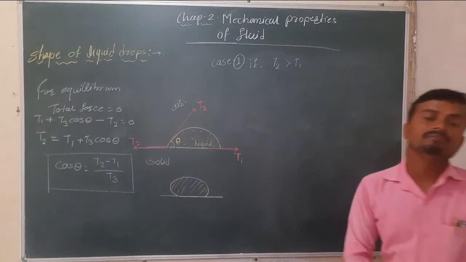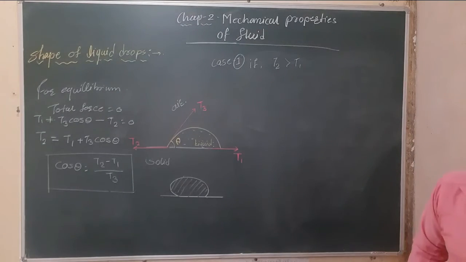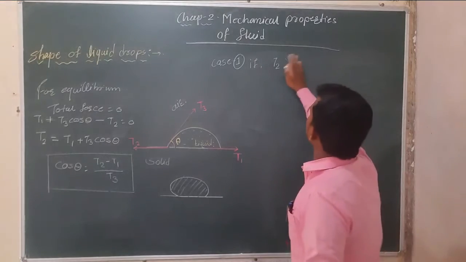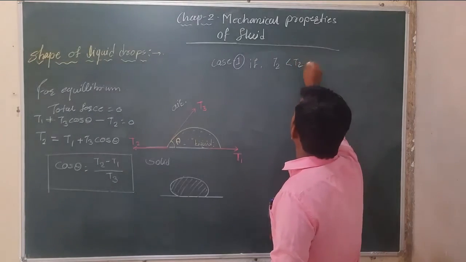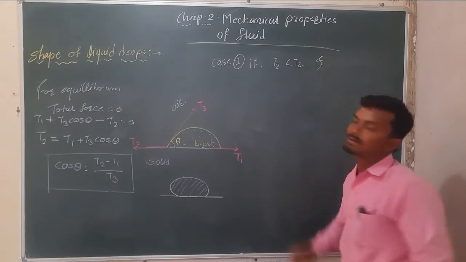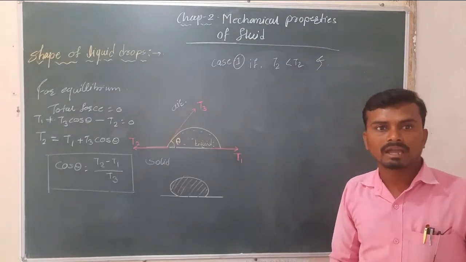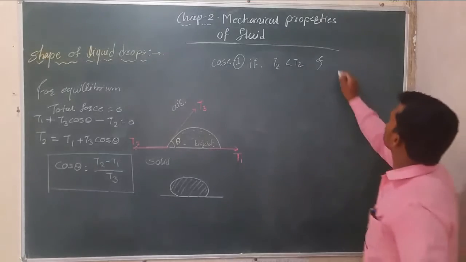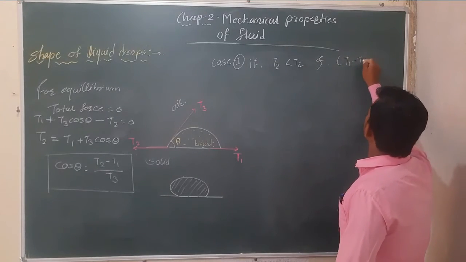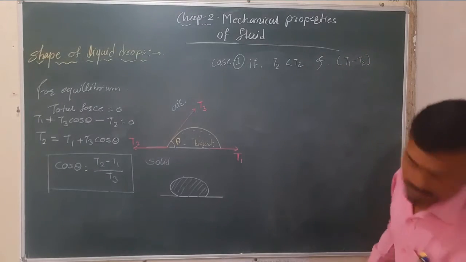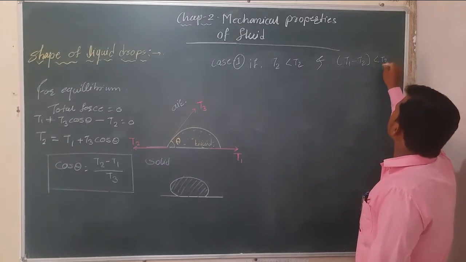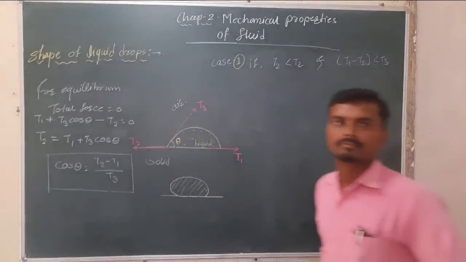Now T1 is greater than T2, that is, T2 is less than T1. What happens?